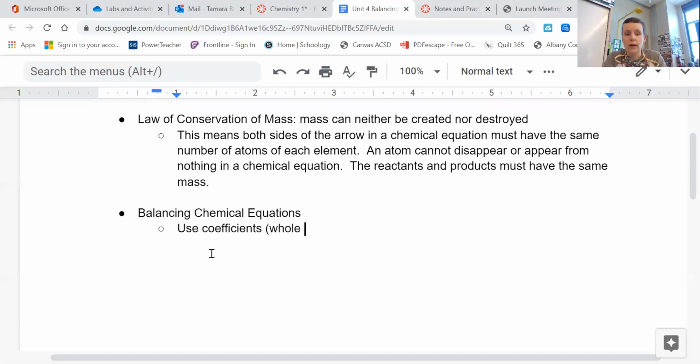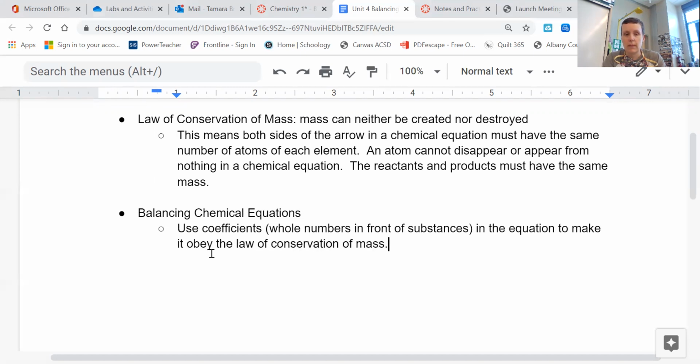These are whole numbers in front of substances in the equation to make it obey the law of conservation of mass.